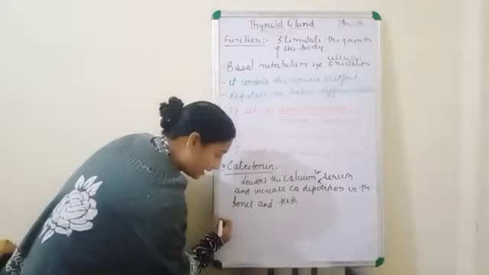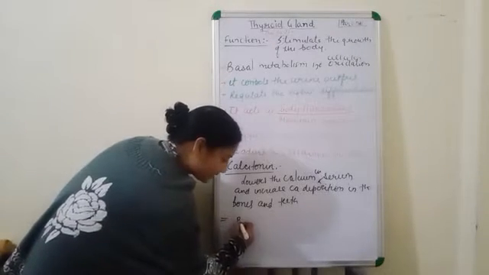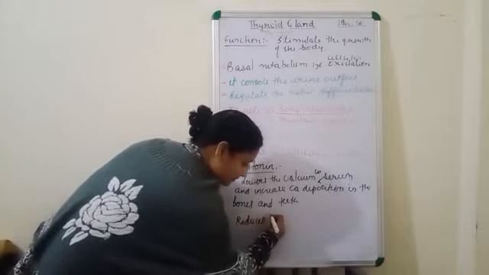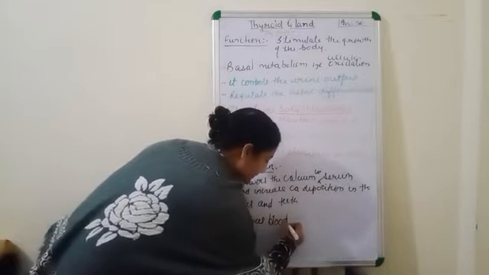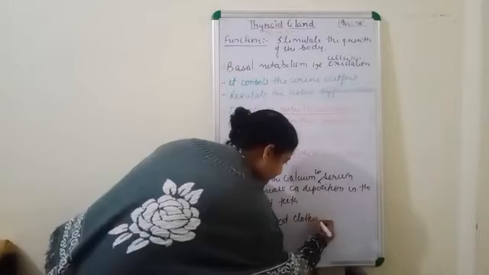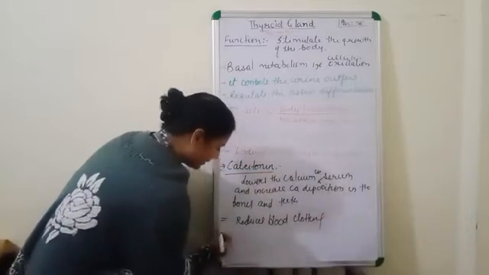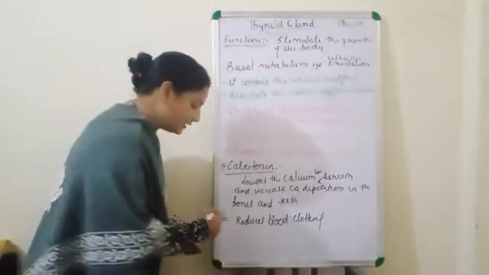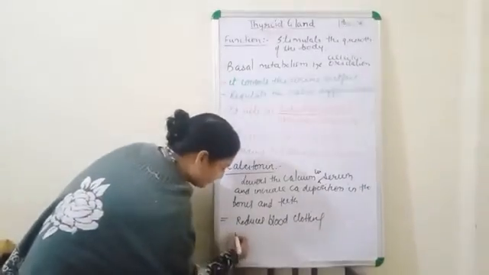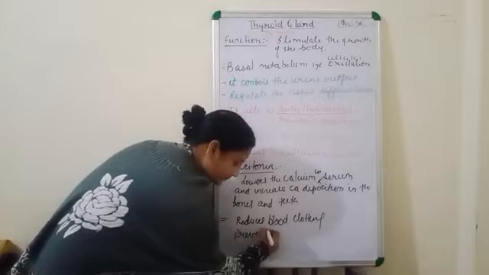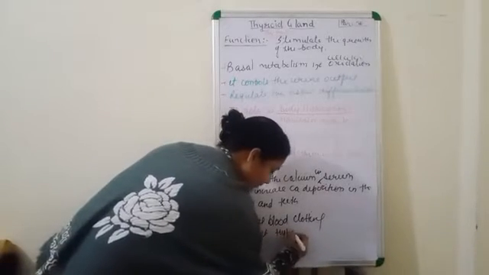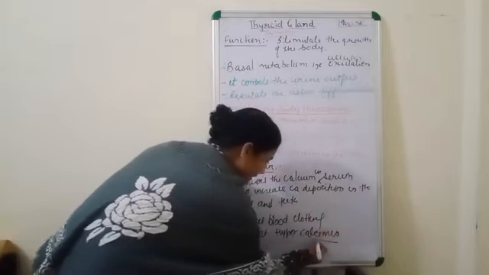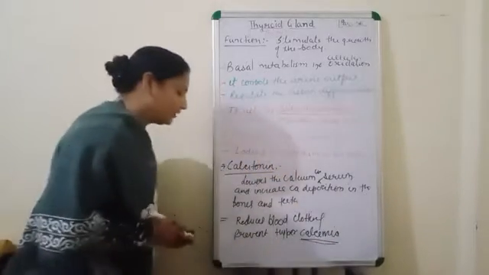Then one more, it prevents or reduces blood clotting. Clear? So these are two important functions of calcitonin, and one more we can write down. It prevents hypercalcemia, the over secretion of calcium.